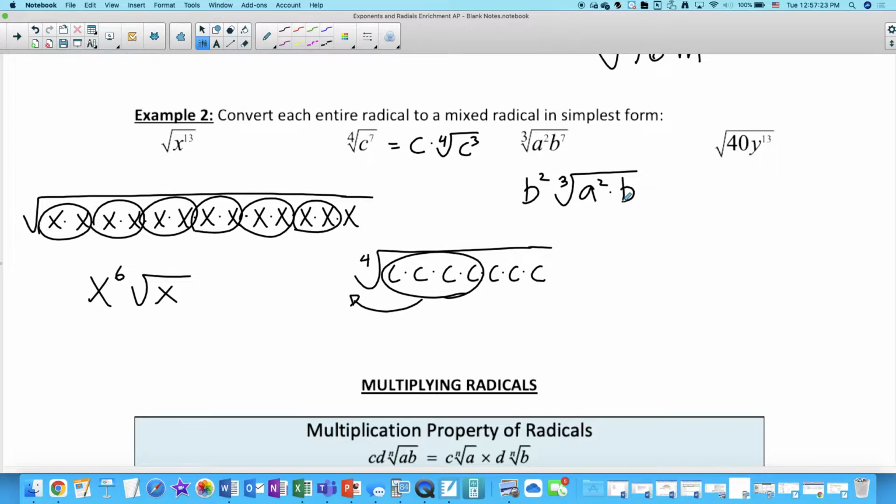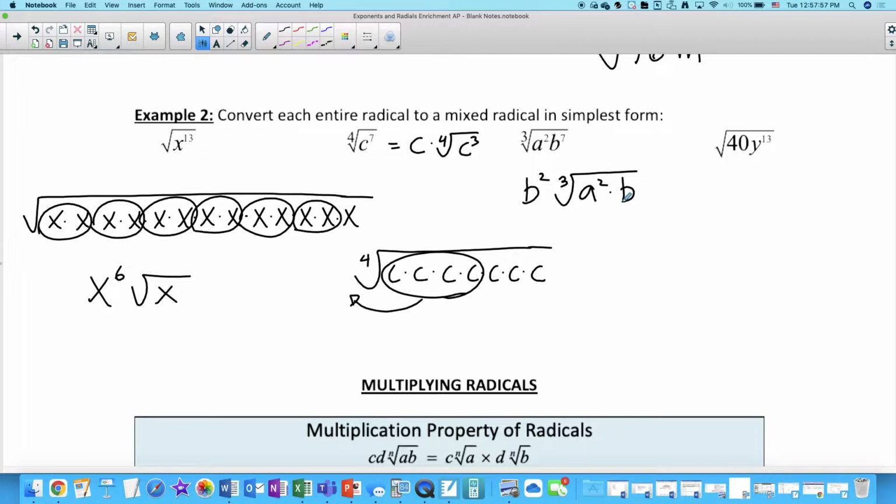Would you end up getting 2y to the 6 square root of 10y? Almost, except, wait. Oh no, yeah, you're right. For some reason I thought that 16 was a factor of 40. But it's not.